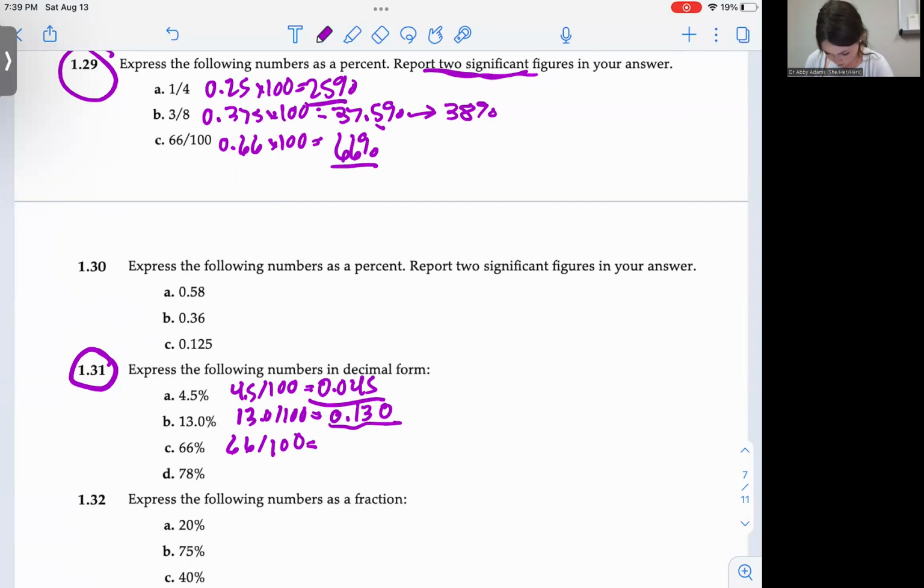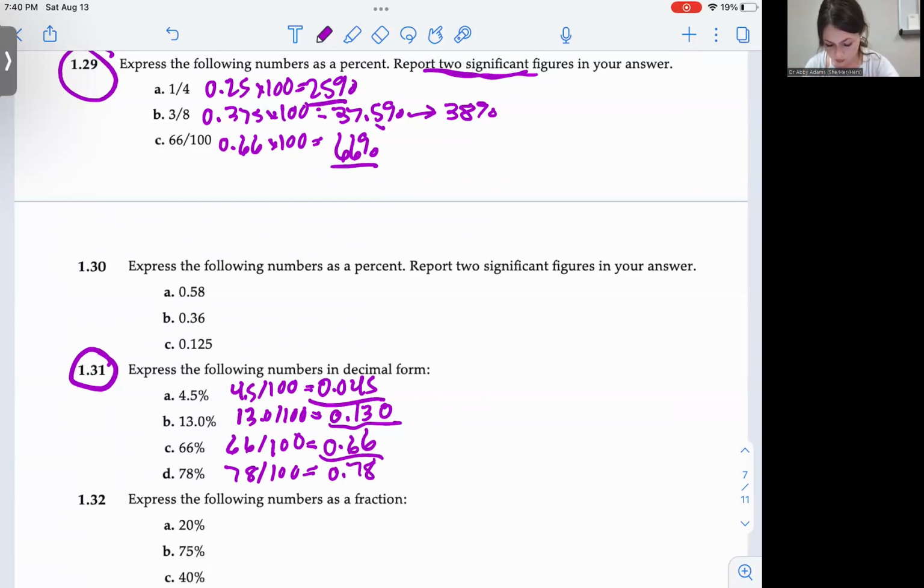Okay, and so that's going to be 0.66. You have two significant figures. And you're going to have 78 divided by 100. And that's going to give you 0.78. That's your decimal.